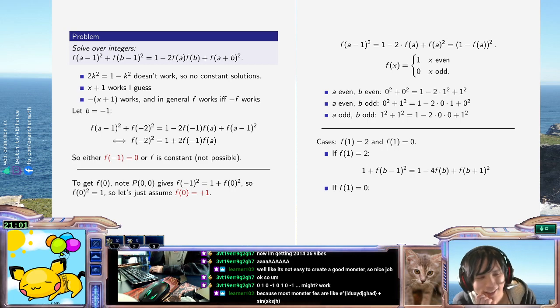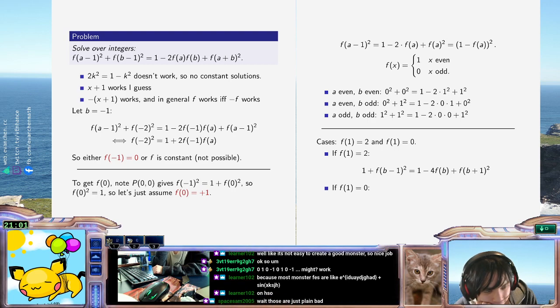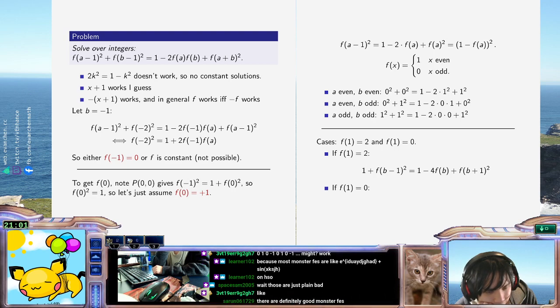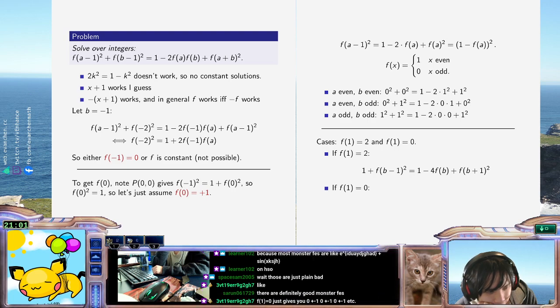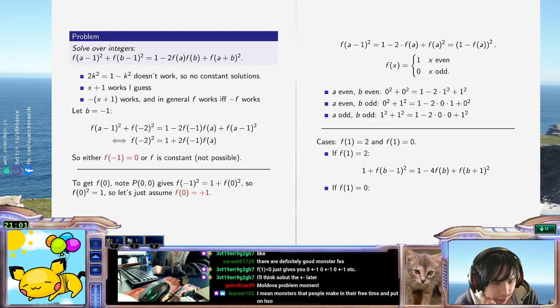Oh no. Okay, well let's do the f(1) equals 2 case because I think that will probably just burn.